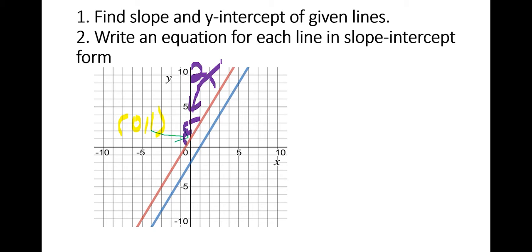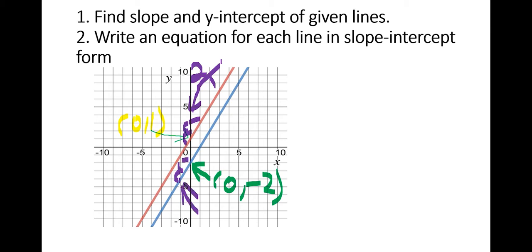Now for the blue line, our y-intercept is (0, -2), and our rise is 2, and our run is 1.